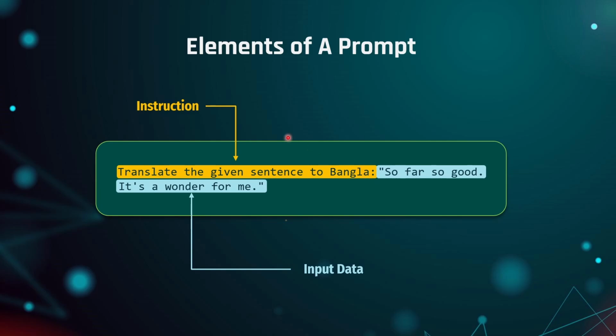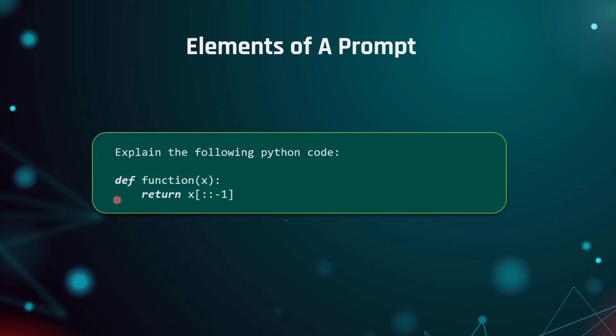Okay, so a particular instruction requires input data. We asked ChatGPT কে আমরা বলেছি do some processing on a given input, or basically translate the given input sequence, and this is the input. So far so good. A similar example would be this piece of Python code.